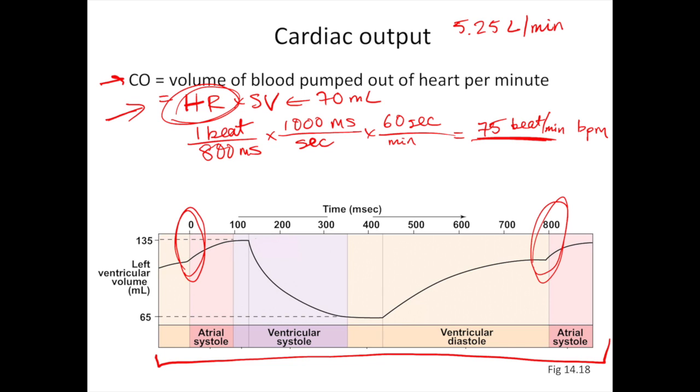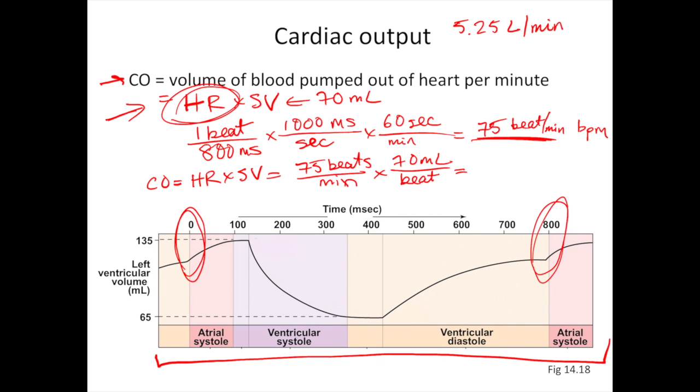Okay, so just to write that out again, cardiac output is going to be equal to the heart rate times the stroke volume, which is in this case 75 beats per minute, times the stroke volume, that's 70 milliliters, and that's basically 70 milliliters per beat.